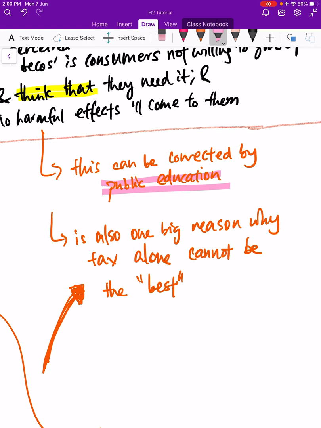So you want to tell them about the benefits and the real cost of consuming these unhealthy drinks and the benefit of healthy living for themselves. Okay, so that's why I mentioned over here, precisely because there's this perceived necessity, one big reason why taxation alone will not be able to get you to reach the QS level effectively. Okay, so that's why taxes cannot be the best anymore.